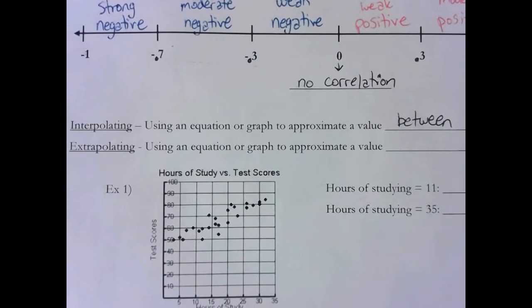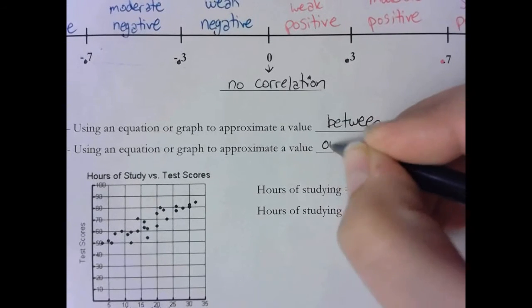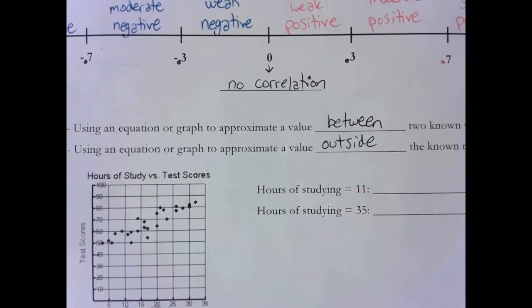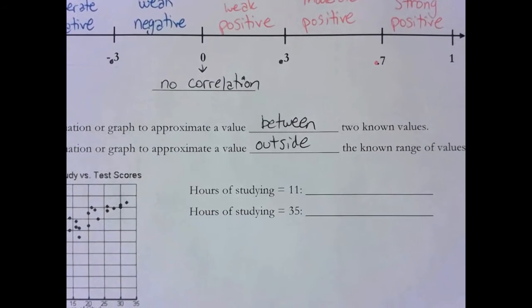Extrapolating, you're going to use an equation or graph to approximate a value outside the known range of values. Another little SAT tip, extra means outside of. So extraordinary means outside of the ordinary. Ta-da! Your random fact of the day.